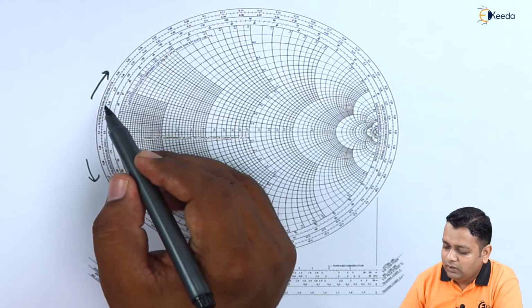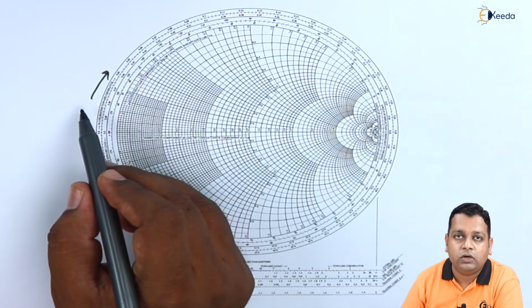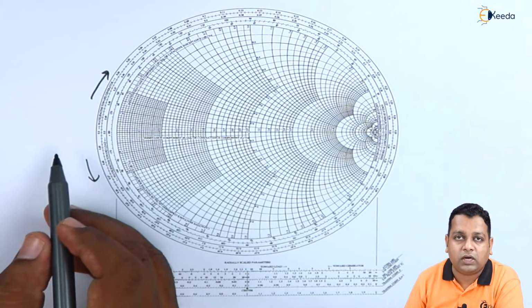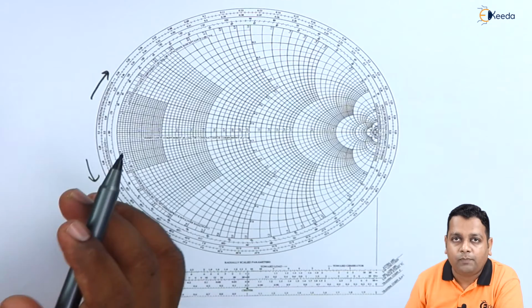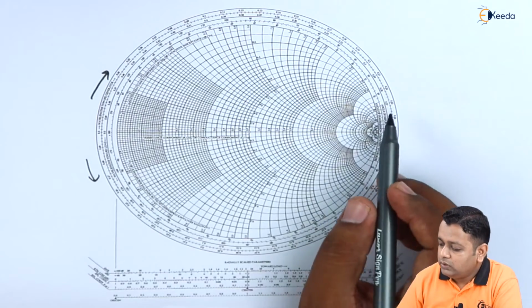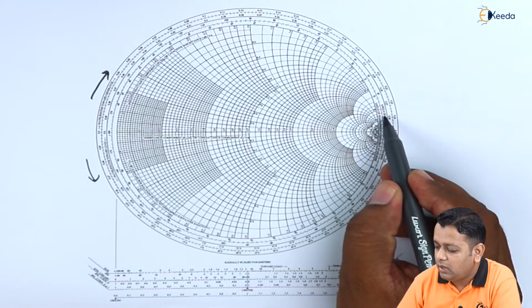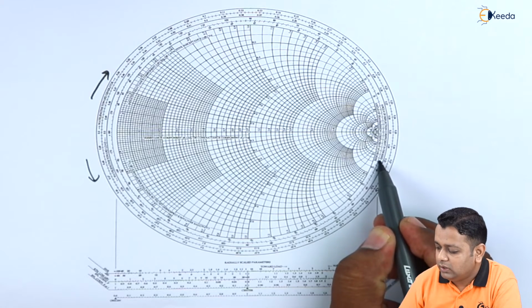So along with the information with respect to the wavelength scales towards the generator and towards the load. The generator is the source side, and the load is the other end side where the application is to be delivered by the input power here. Along with the wavelength scales we also have the information regarding the angle of reflection coefficient in degrees.